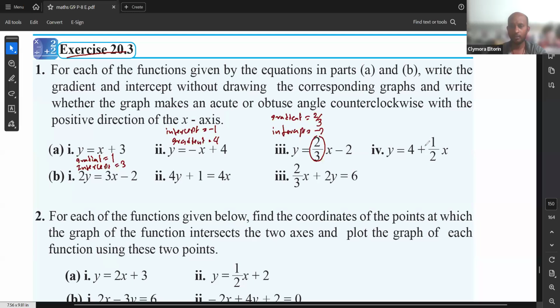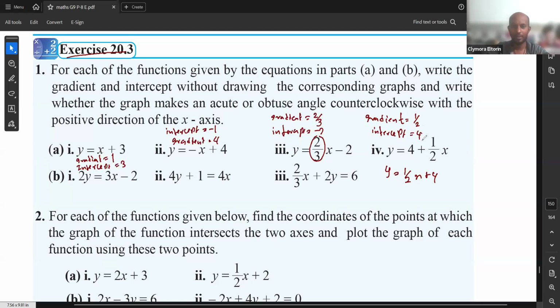Look at this one. The terms are interchanged, no? Don't worry about that. We can reorganize this one: half x plus 4. So what's the gradient here? The gradient equals half, and the intercept equals 4. Very simple.